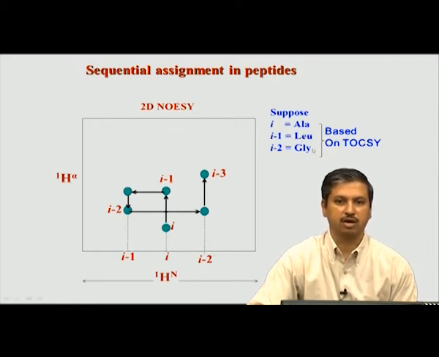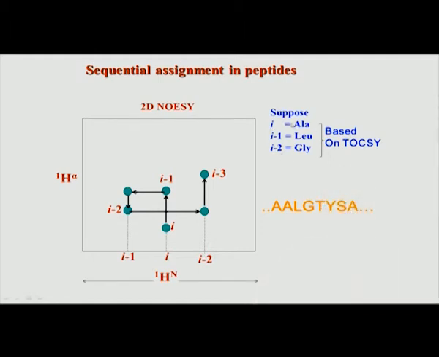So, what we have done now based on this TOCSY, we have identified the spin system corresponding to I minus 1, I minus 2, and we have also formed a link between them using the NOESY spectrum. So, what we have to do now is search in our sequence of amino acids if there is such a string of amino acids.